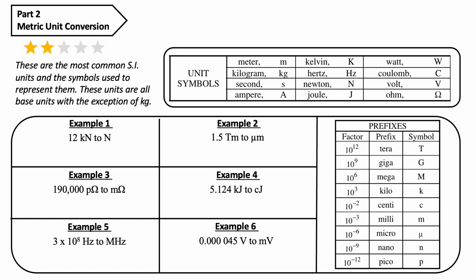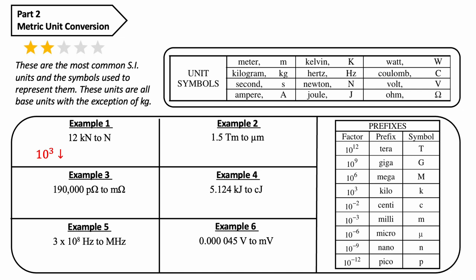A kilonewton is 10 to the 3 bigger than the base unit of just newton. So we have to think about this: we are taking a large measurement, 12 kilonewtons, and we are going to measure in something that is now smaller. When you measure in something smaller, you should expect that number to grow.